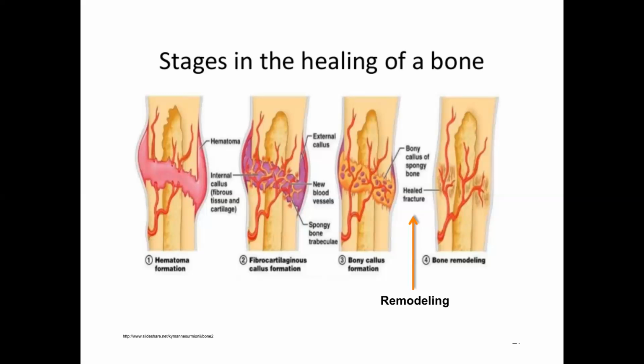Then with time, the osteoblasts will come in and convert this cartilage callus into a bony callus. It will first be spongy bone, and then through the cooperation of the osteoblasts and the osteoclasts, we will get a nice reformation of compact bone. So we'll have bone remodeling that takes place. So that's the cartilage callus, bony callus, and then it gets replaced with compact bone. Those are the stages in the healing of bone.